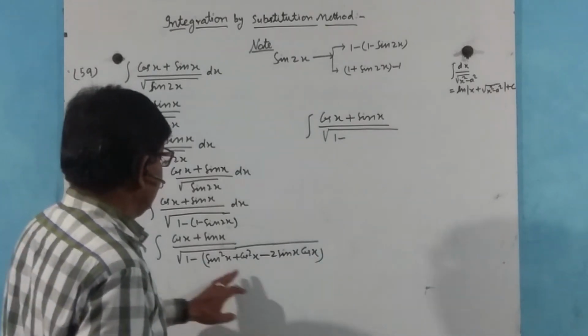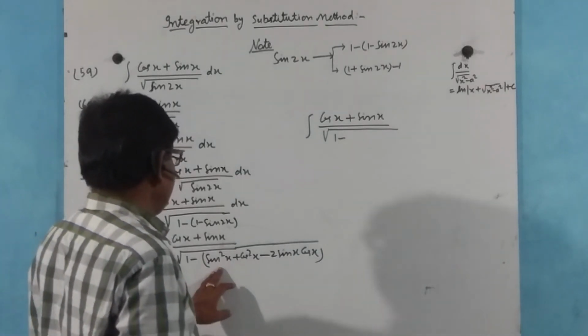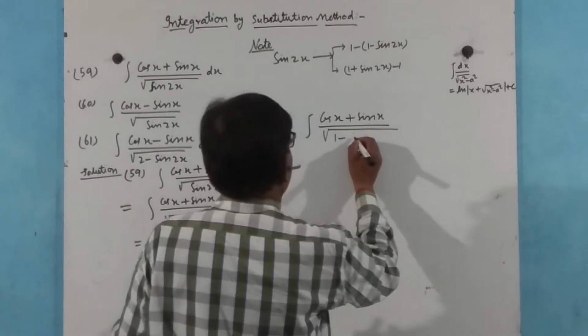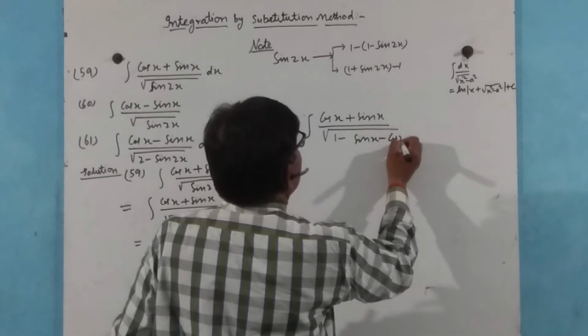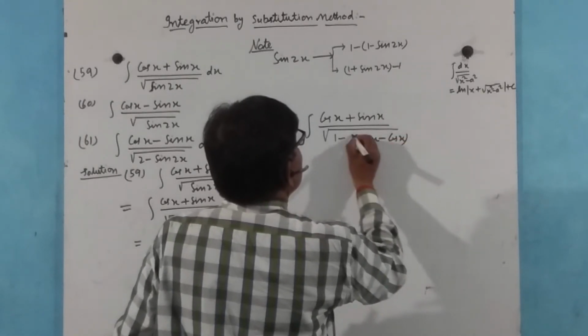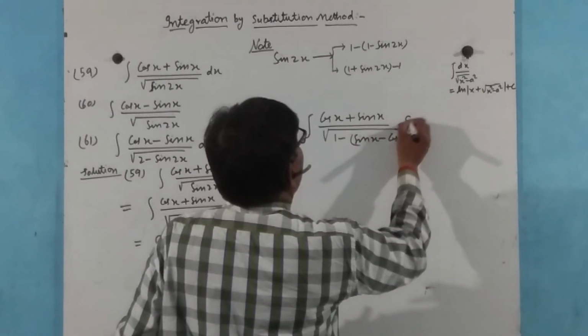This can be written as (a minus b) whole square, so that (sin x minus cos x) to the power 2, and dx.